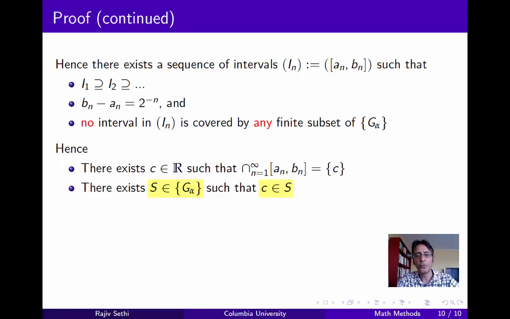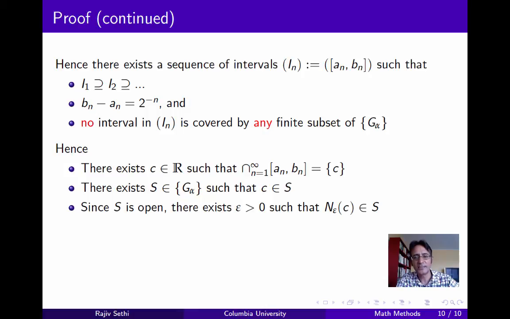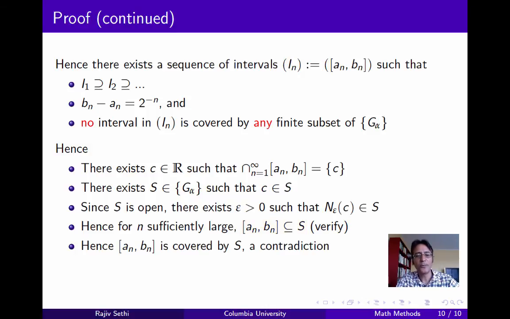And furthermore, since S is open, c must be an interior point of S. Now, since c is an interior point of S, there must exist an epsilon neighborhood of c that is contained in S. And you should convince yourself that this implies that for n sufficiently large, there must exist an interval in this collection of nested intervals such that the interval a n, b n is contained in S. But now we have a contradiction, because if a n, b n is covered by S, then a n, b n has a finite subcover, and we constructed this sequence of intervals to ensure that none of them is covered by any finite subset of G alpha.